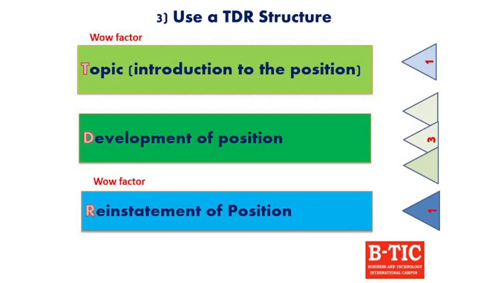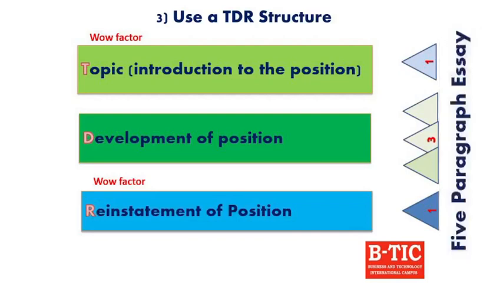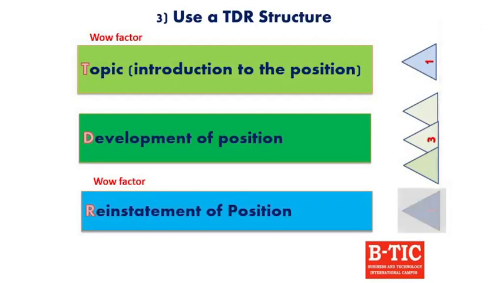So you'll be altogether having 5 paragraphs, 1 for topic, 3 for development of position, and finally 1 paragraph to reinstate your position. We call this 5 paragraph academic essay, but you can use many points to establish your position, so you may have many paragraphs there as well if your question requires you to write more words.